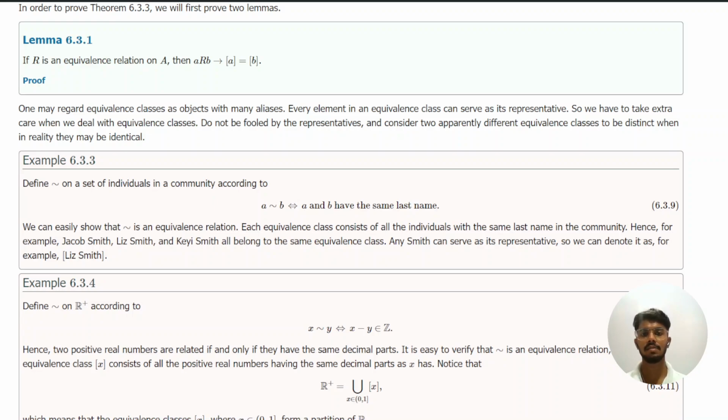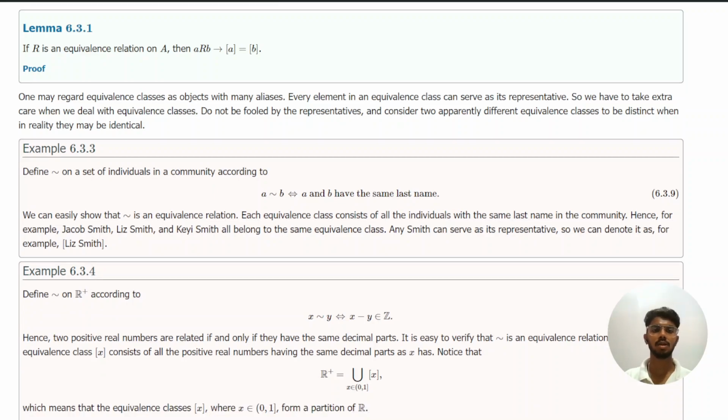Every element in an equivalence class can serve as its representative. So we have to take extra care when we deal with equivalence classes. Do not be fooled by the representatives and consider two apparently different equivalence classes to be distinct when in reality they may be identical.